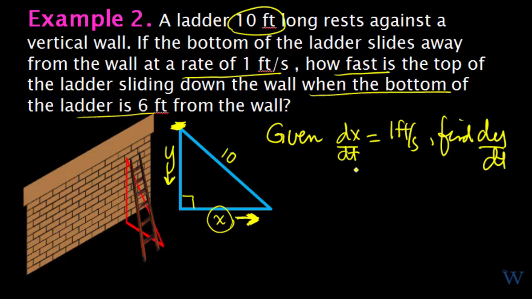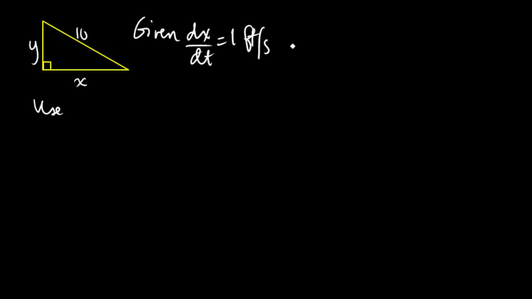So let's rewrite what's given: that's our x, that's y, this is fixed. dx by dt equal to 1 foot per second, and we are to find dy by dt.